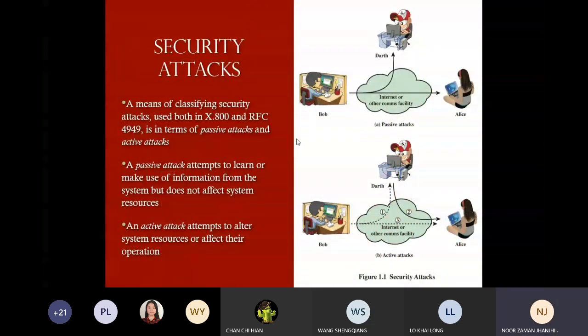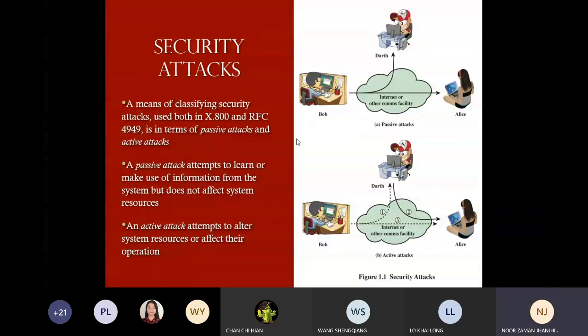Now you can see from here, we will discuss in more detail the classification, or the types of the attack. There are two major types of attack in security. One we call the passive attack, and the other one we call the active attack.